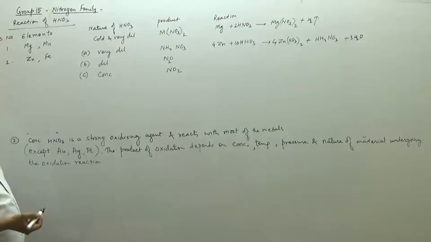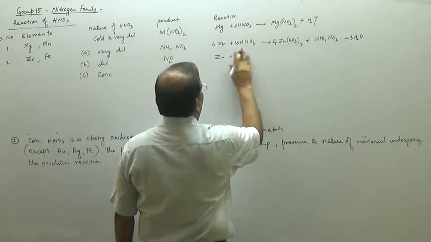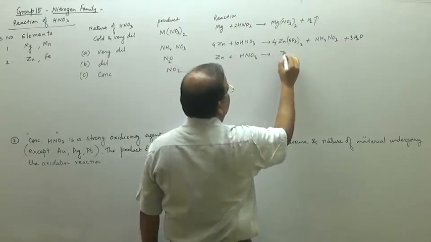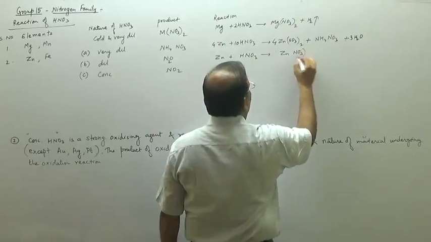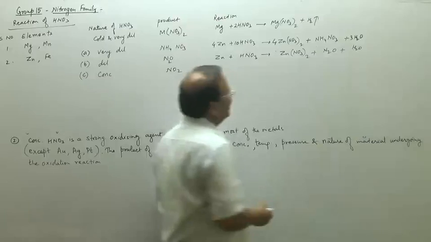In case of dilute HNO3, again the zinc will react with dilute HNO3 to give zinc nitrate, N2O and water. We write zinc with HNO3 to give zinc nitrate, Zn(NO3)2, plus N2O plus H2O formed in the reaction.